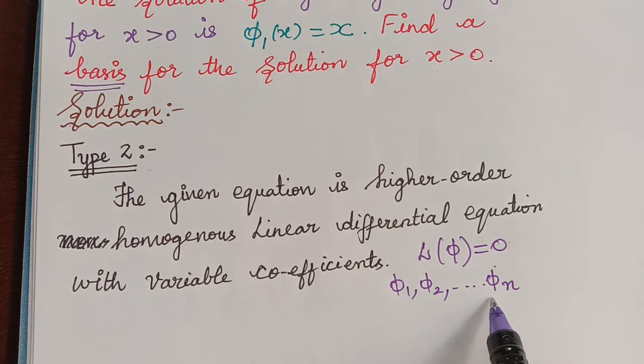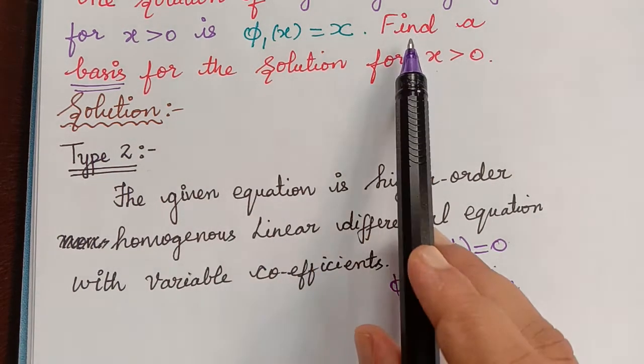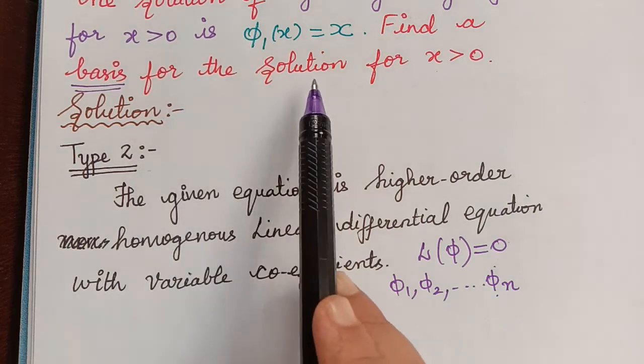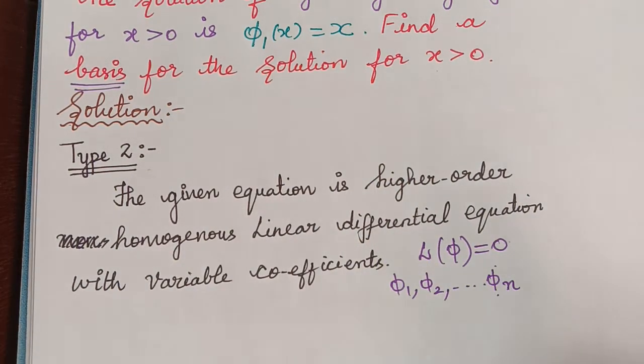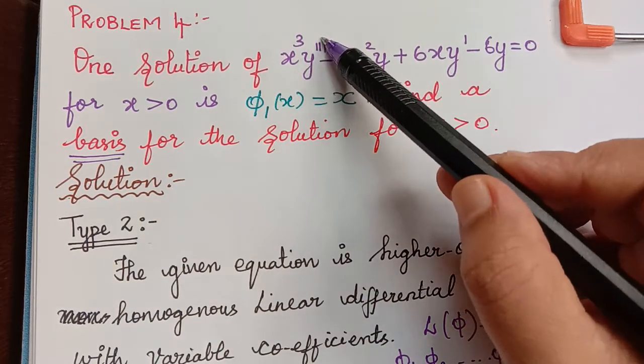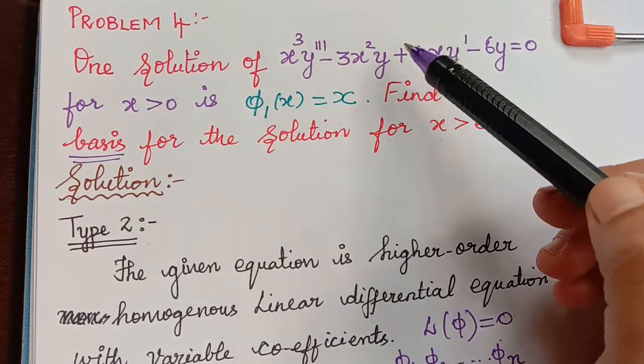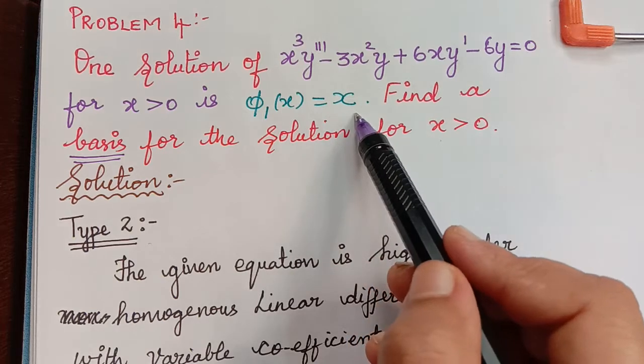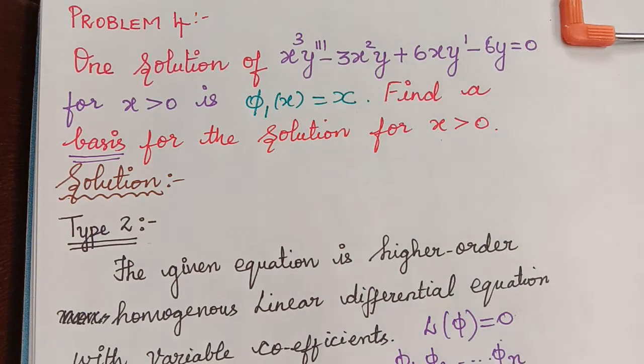So that is the definition of basis. So here they have asked us to find a basis for this solution, which means that we have to find the remaining solutions. Now this equation is a third order equation, so it will have three solutions. One of the solutions is already given, so we have to find the two more solutions of this equation. So that is the question.